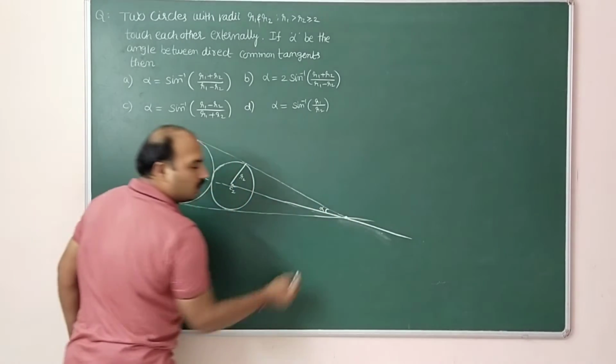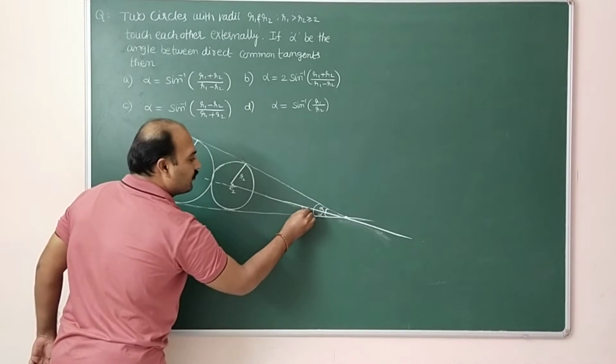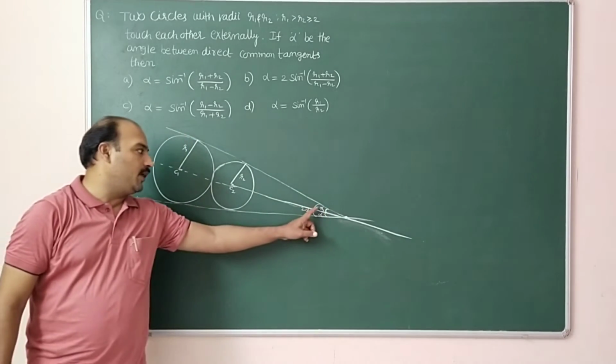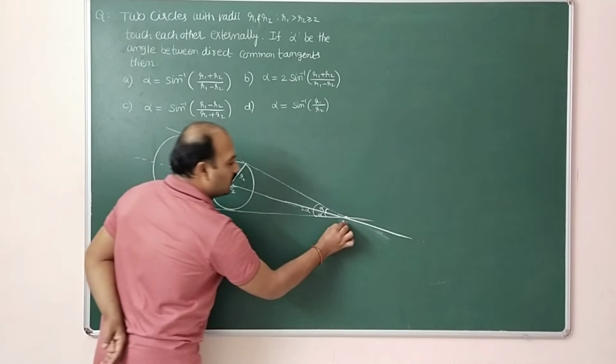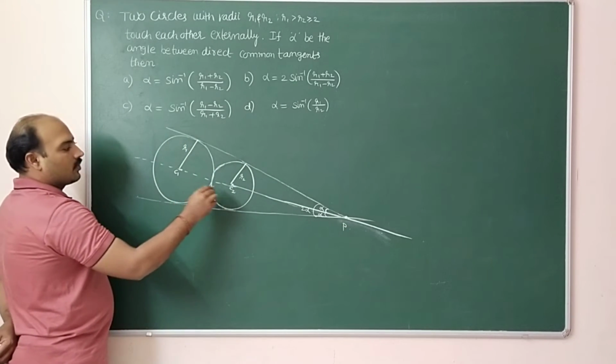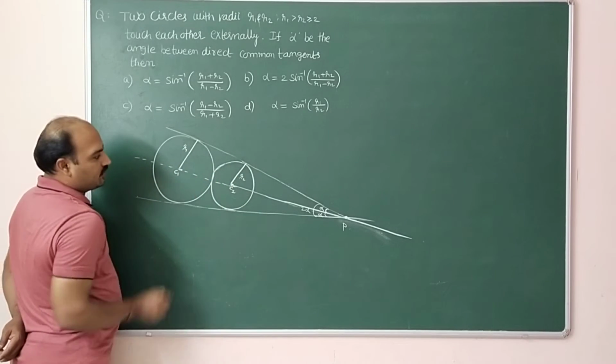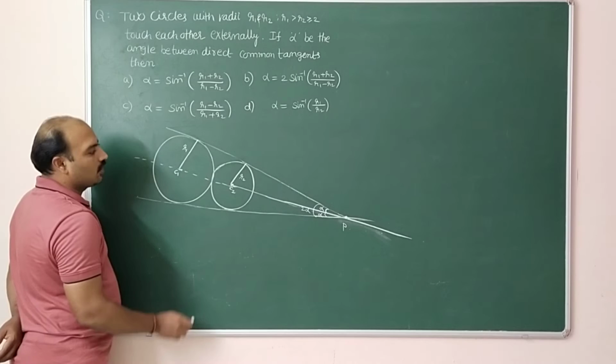Here if you take that angle alpha, here also alpha, so total it is 2 alpha. First we will go for the alpha angle. Here some point P you can take. So R1 and R2, C1 and C2.